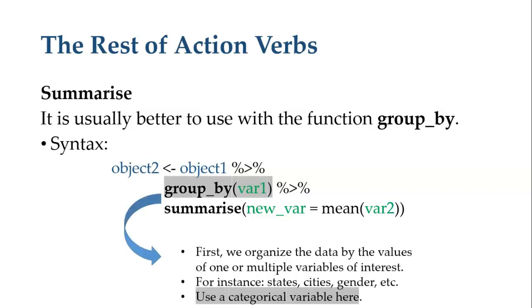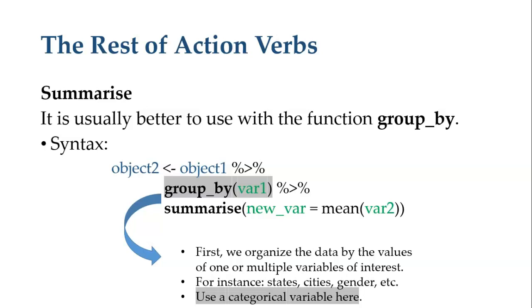We first use group by to say that we want to organize our data in a particular way. For instance, we want to use categorical variables that are groups, actually. For that reason, group by organizes by those groups, for instance, by states, by cities, by gender. You can even use it with other kinds of variables, such as by years.